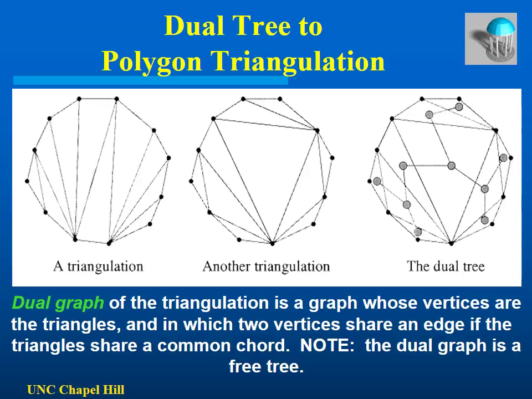If we look at the triangle to the left of that largest triangle, it has one side that's a polygon edge, and 2 other sides that are shared with 2 other triangles, and thus it has arcs to 2 other triangles.